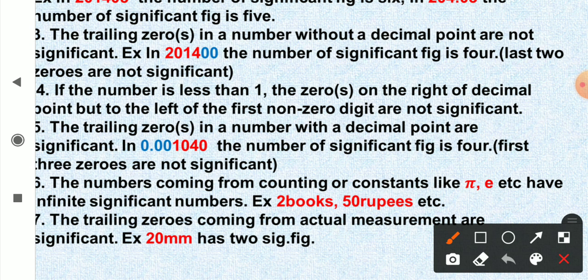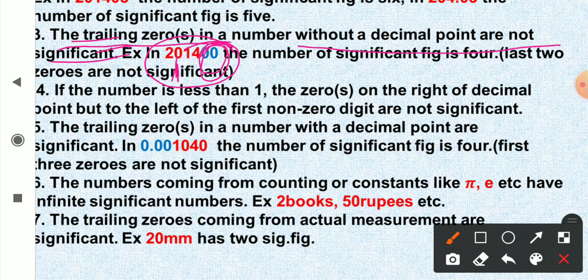Now, the trailing zeros in a number without a decimal point are not significant. That means if we have a non-decimal number like 201400, then the zeros coming at the end are called trailing zeros and these trailing zeros are not significant, whereas this zero in red is significant.